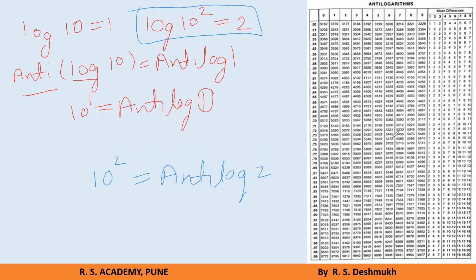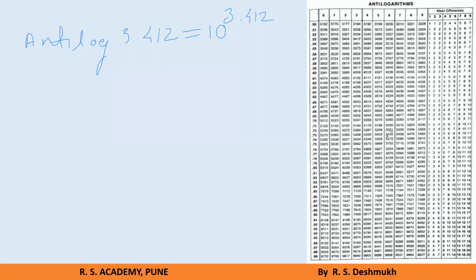It suggests that if I want to find the antilog of, let us say, 3.412, it indicates 10 to the power 3.412. Now how to evaluate this? Antilog of 3.412 should be 10 raised to 3.412.